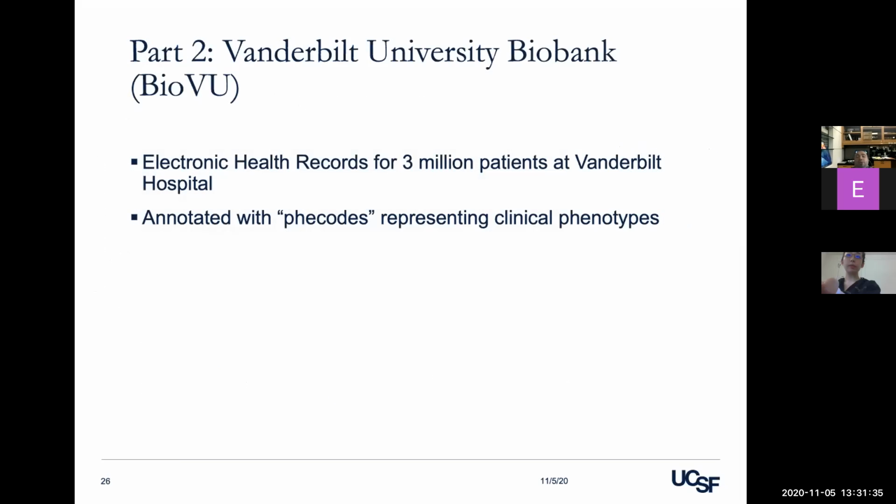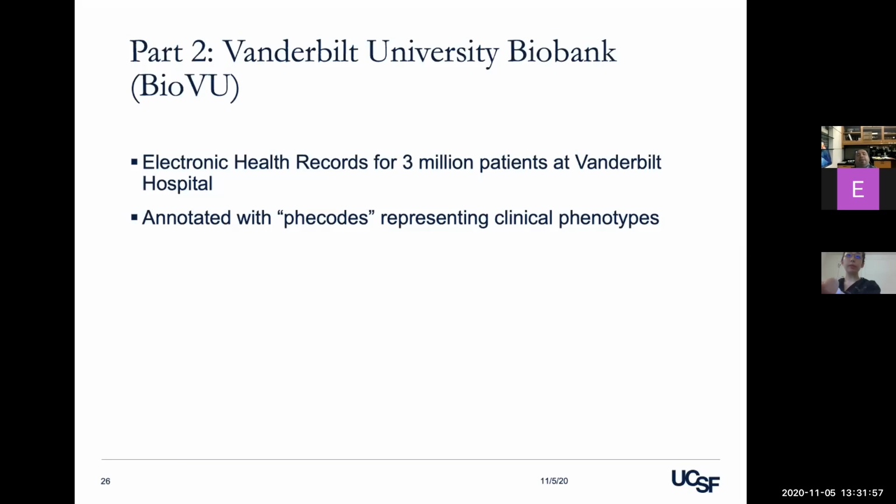For the second part of this approach, we integrated electronic health records. I think this is a big part of this study, as its title says: integration of genetic and clinical data.